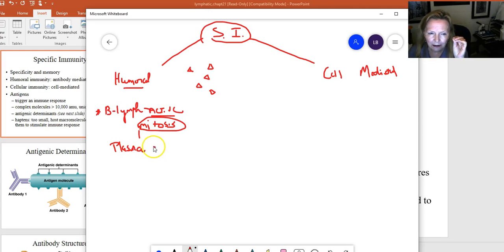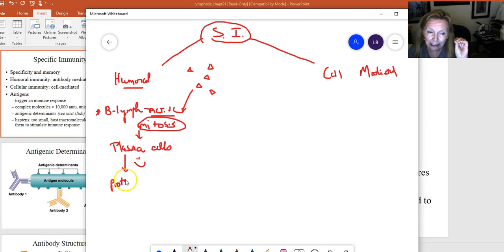The beauty of these plasma cells, once they're numerous, once these B lymphocytes become active, take in these antigens, undergo mitosis and start dividing and become multiple plasma cells, it takes a little while for that to happen. But once they do, this is amazing, because these plasma cells will produce a very special protein.